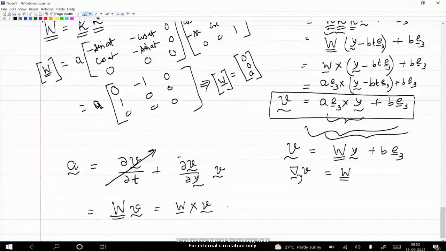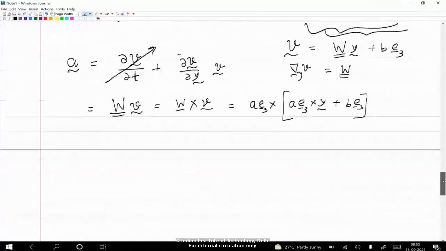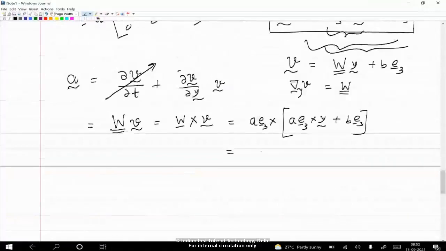Now you can write it as a e3 cross product velocity, which is a e3 cross product y plus b e3. Okay, so things are getting simple now. So this is equal to a e3 cross a e3 cross y.